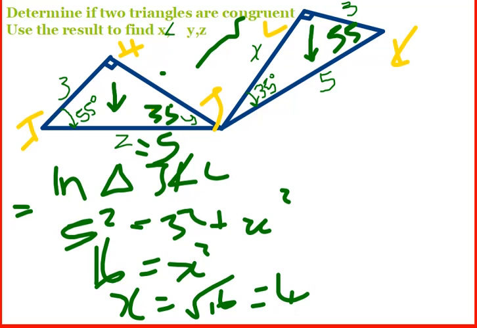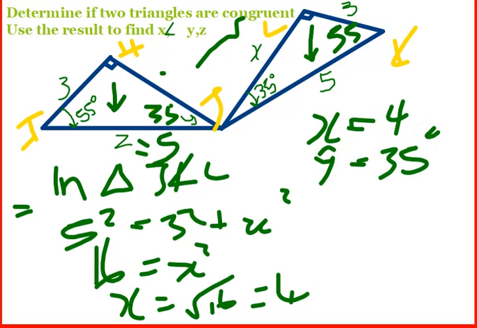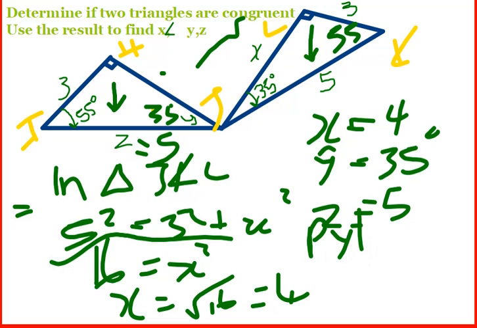So our x is equal to 4. Angle y is equal to 35 degrees. And side z is equal to 5. And whenever you write this statement here, which is pyth, you must always give your reason as pyth or Pythagoras theorem. But pyth is good enough.